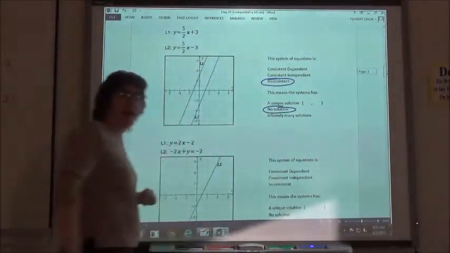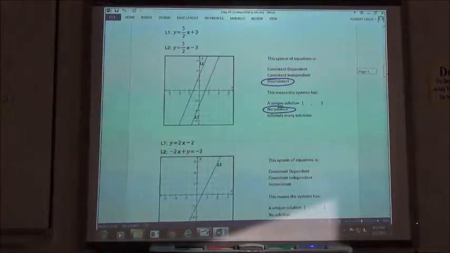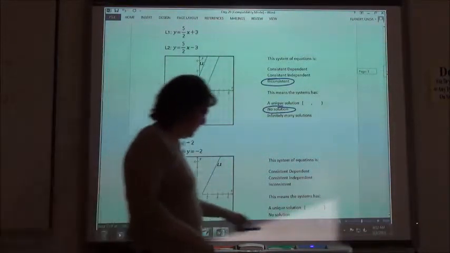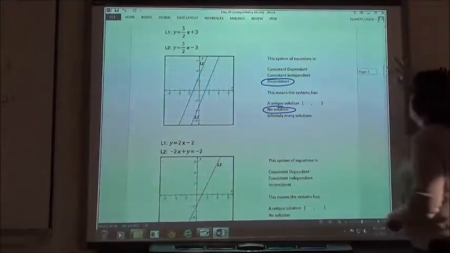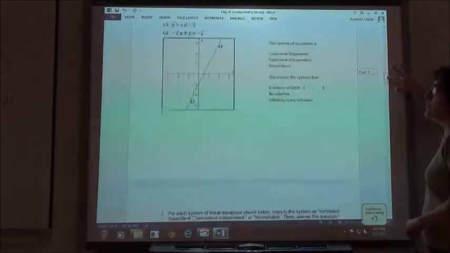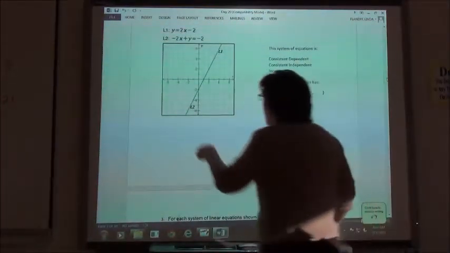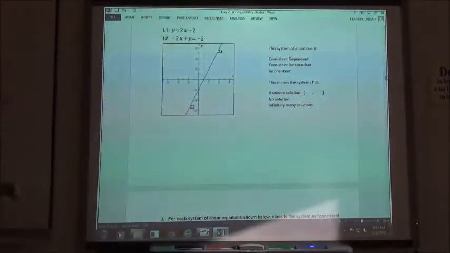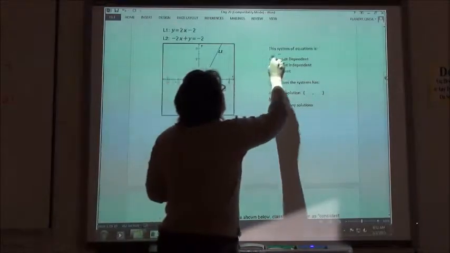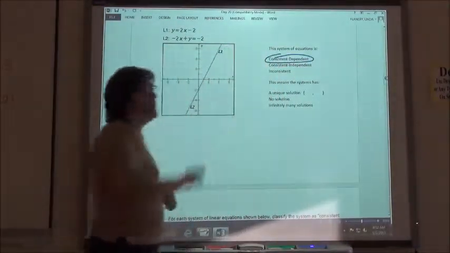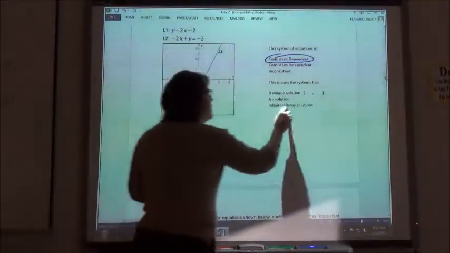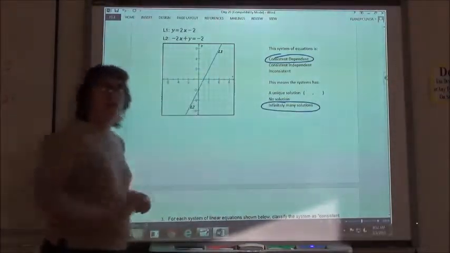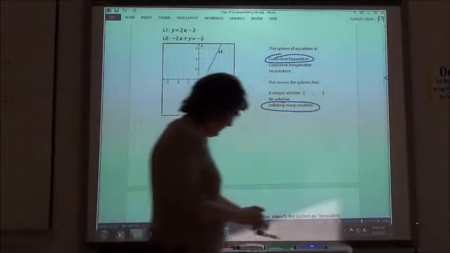So they have nothing in common. And the third one looks like one line, but it's actually one line on top of the other one. Which kind is that? Consistent dependent, and has infinitely many solutions, because any point on line 1 is also going to work on line 2.